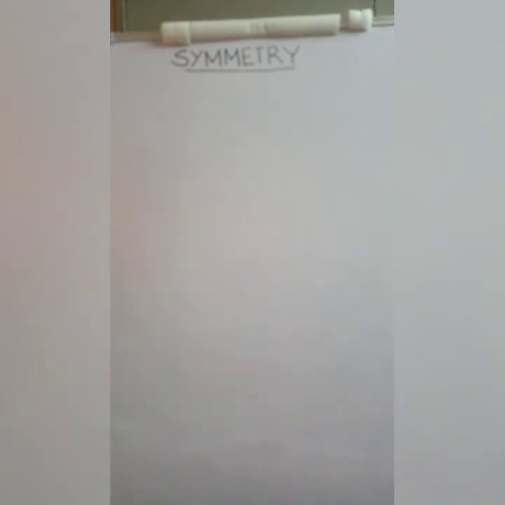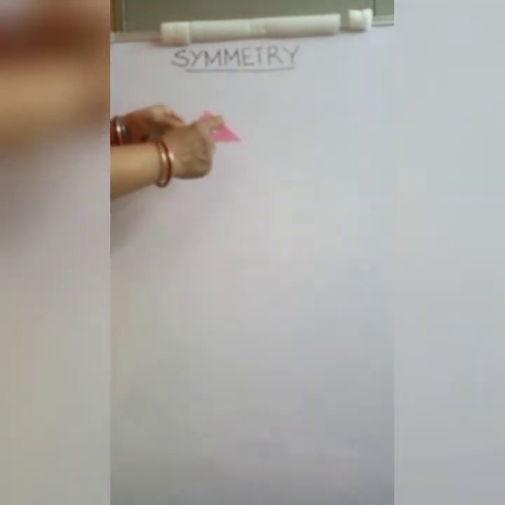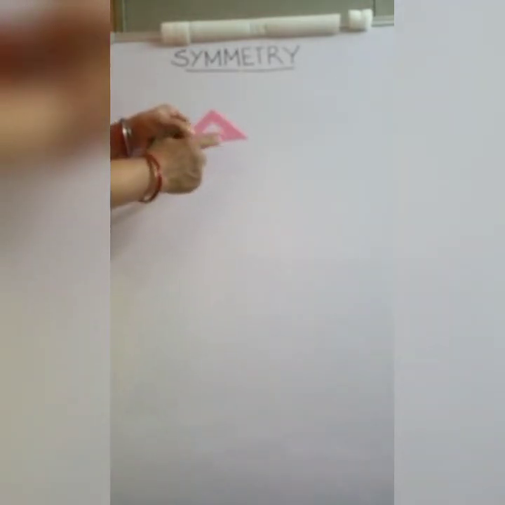Now we take the different triangles. All of you know the isosceles triangle has two equal sides. When you see this set square, these two sides are equal.